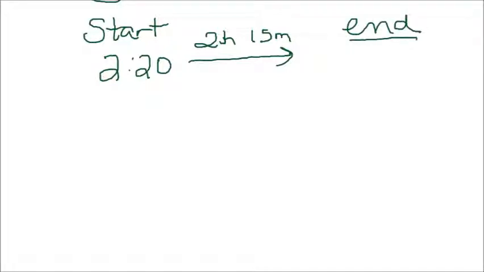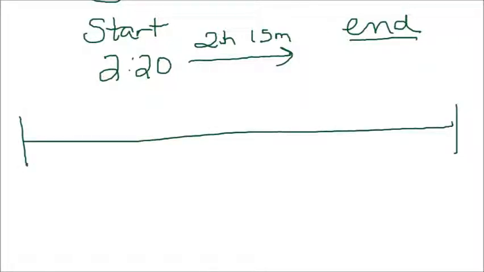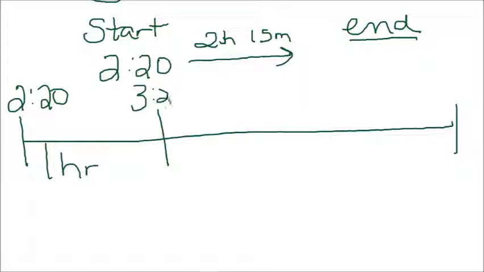Now this one can be a little bit different because I have hours here. I could start and just add my first hour, and that would make my time 3:20. And then I could add another hour, and that would make my time 4:20. And then all I have to do is add my 15 minutes.